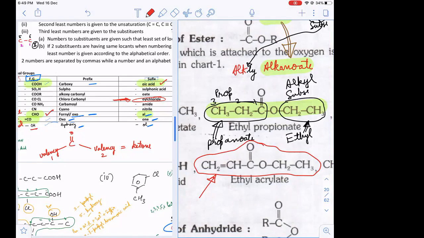So the suffix of the ester is... come on. We just did 2 compounds of esters. Please try it.